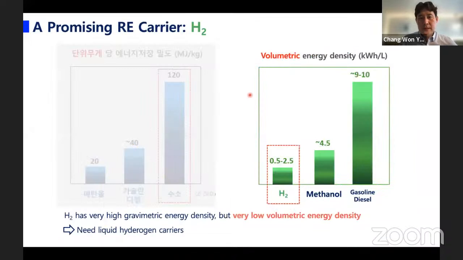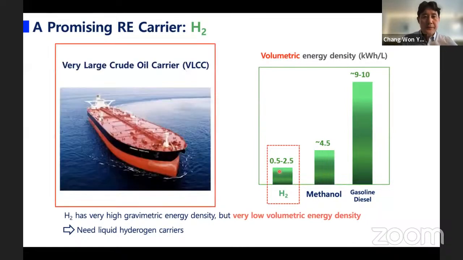But the problem is that hydrogen is the lightest gas in the universe, so it has really, really low volumetric energy density. As you can see here, compared with these liquid types of fuel, hydrogen gas has really, really low volumetric energy density. That's the problem.